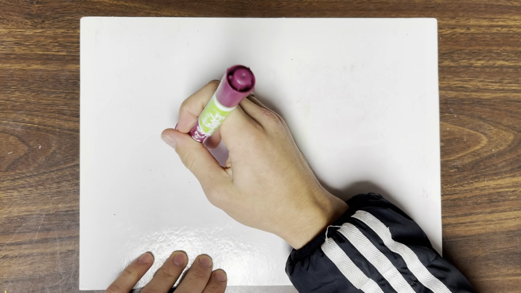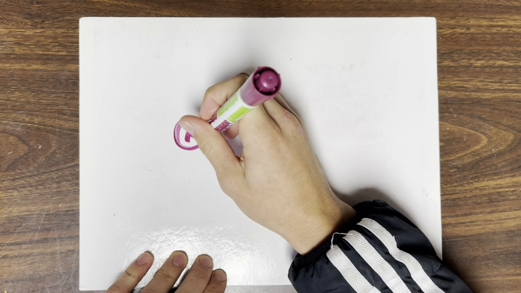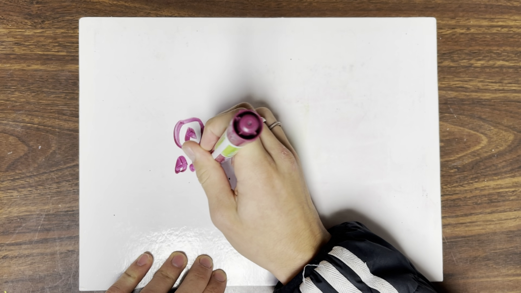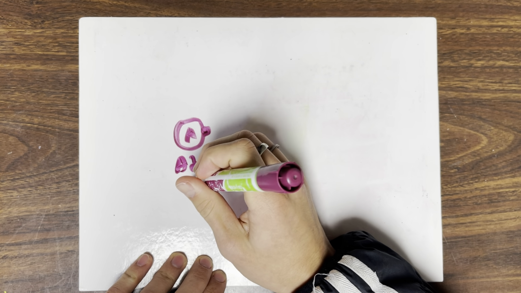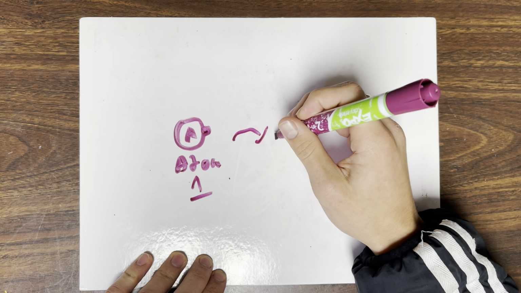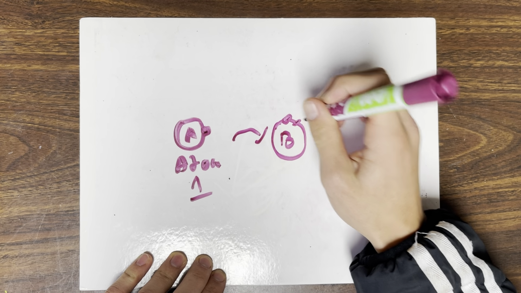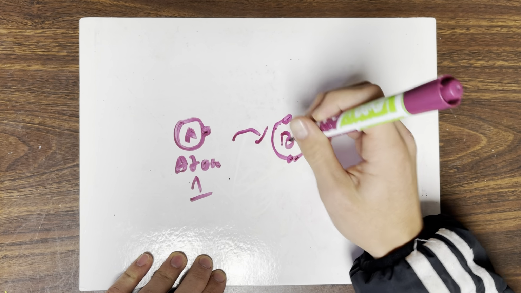So as of right here, we've got A, which has one electron. Then we have B, which has multiple electrons, but one missing.